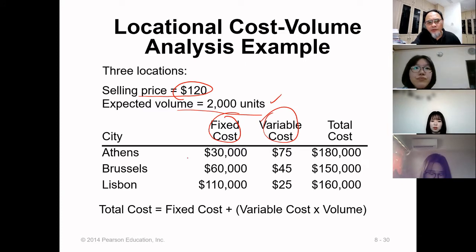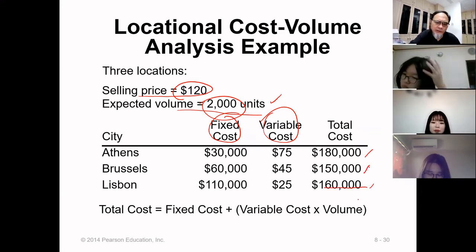These 3 locations have different fixed costs as well as variable costs because of the location. If we produce 2,000, then our total cost for Athens would be 1,800, Brussels 150,000, and also Lisbon 150,000. Just multiply out, okay? Which is fixed cost plus variable cost times expected volume.